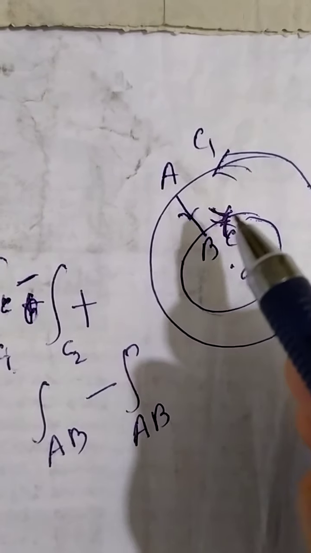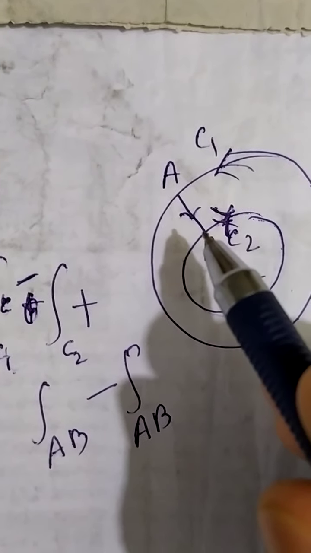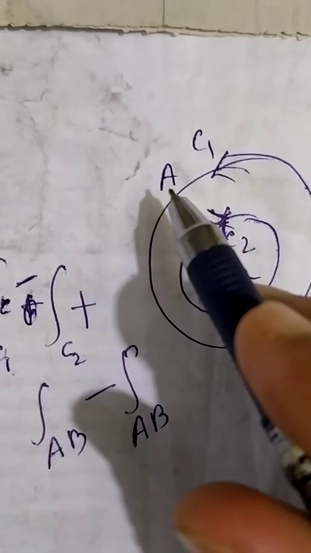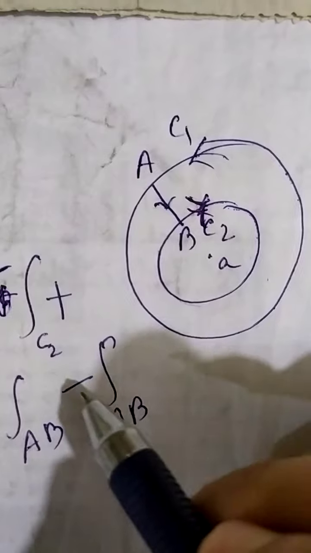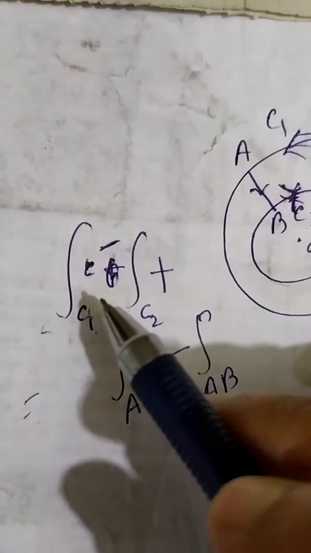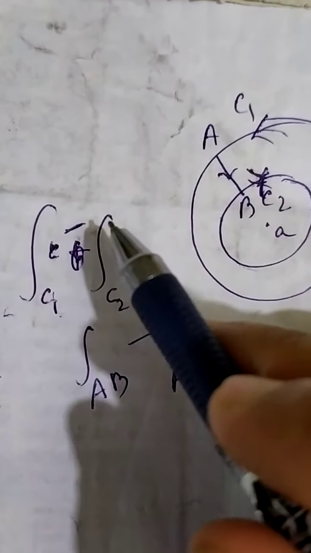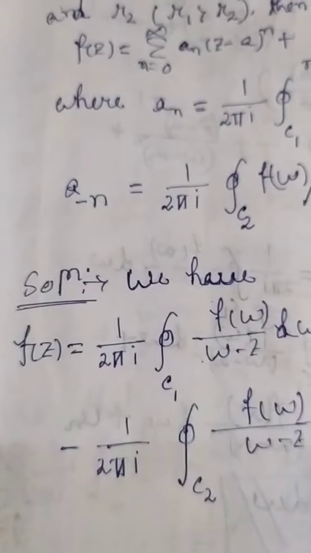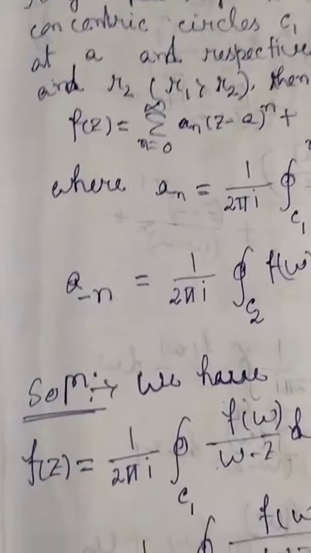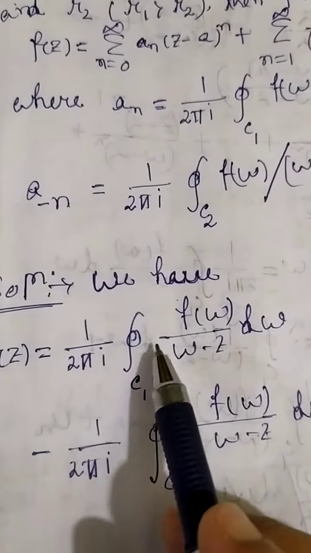When we exit from this curve, this is BA. BA is minus of AB, so these two cancel out, and we have only C1 minus C2. So all others remain the same, and f(z) is something like that. Now we are going to find these two integrals separately.